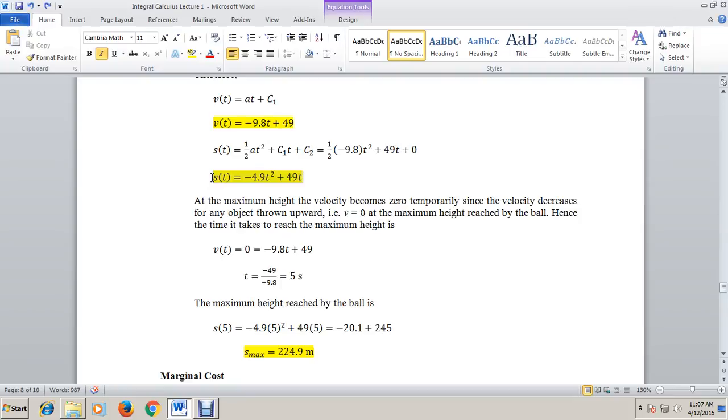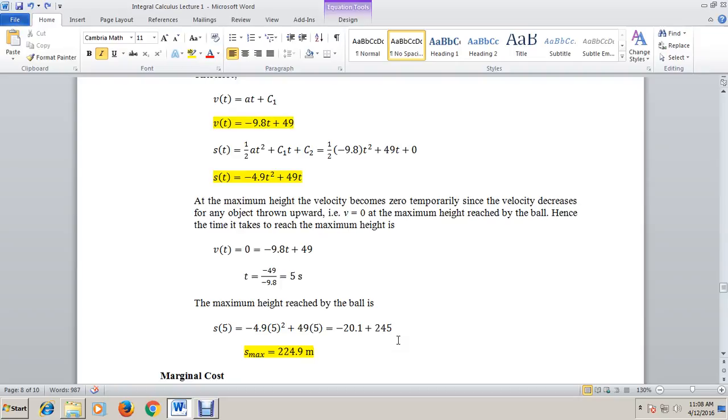Then we can solve now for the maximum height. So since this is 5 seconds, s of 5 is equal to negative 4.9 times 5² plus 49 times 5. 5² gives you 25. Multiply that with negative 4.9 gives you negative 122.5. You can verify this using your calculators.